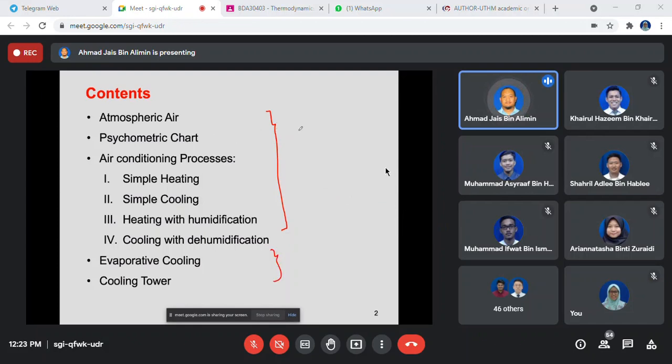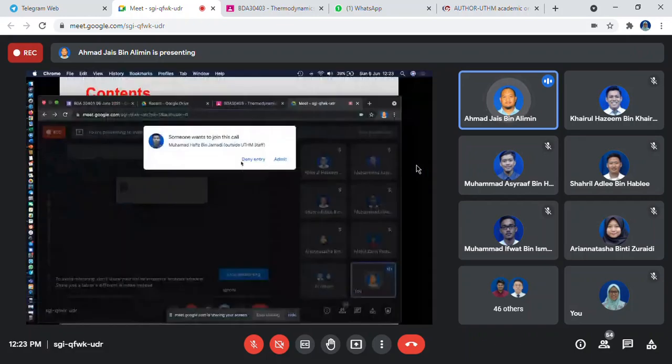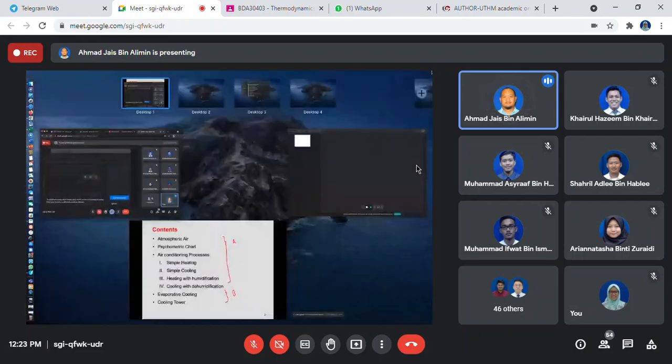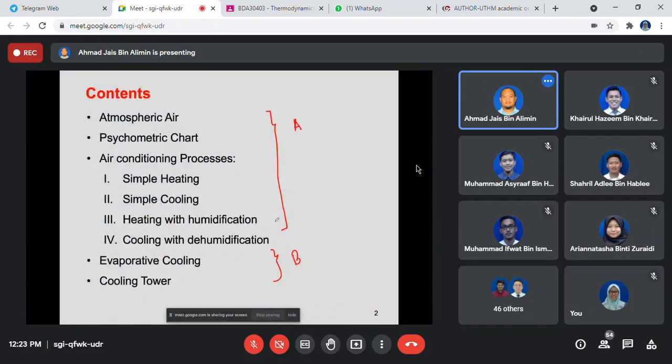Okay, so usually if you have your assessment, your final exam, sometimes the question is related to this part here. Sometimes you are only concerned about this part. Okay, but they are interrelated, so you really need to understand how you can apply the theories to understand the physical operation.